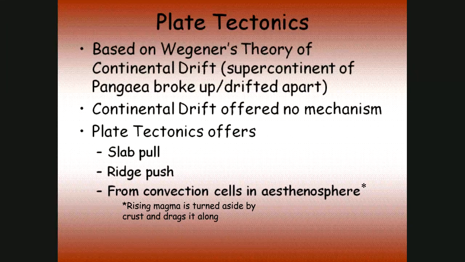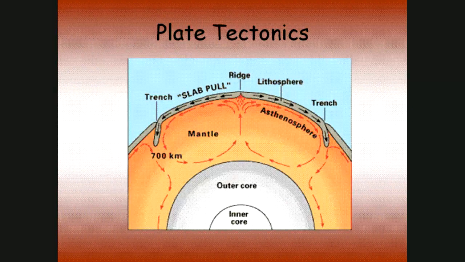Okay? It's pushing those plates apart. Then, as some of that magma that doesn't escape and push the plates apart is deflected aside, it tends to drag on that plate, giving a secondary pull.